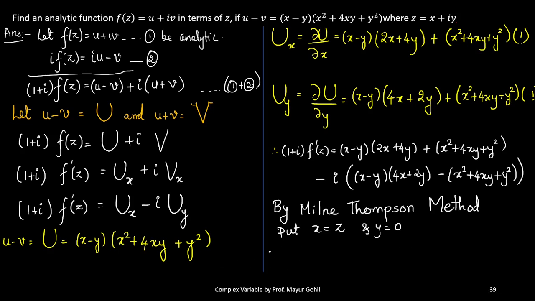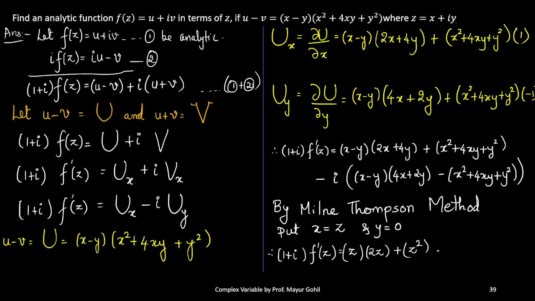So what we get is (1 plus i) times f dash of z equal to, now here we put z: z minus 0 is z, then there is 2z, then 4xy plus y square will vanish, and so we will have again z square.